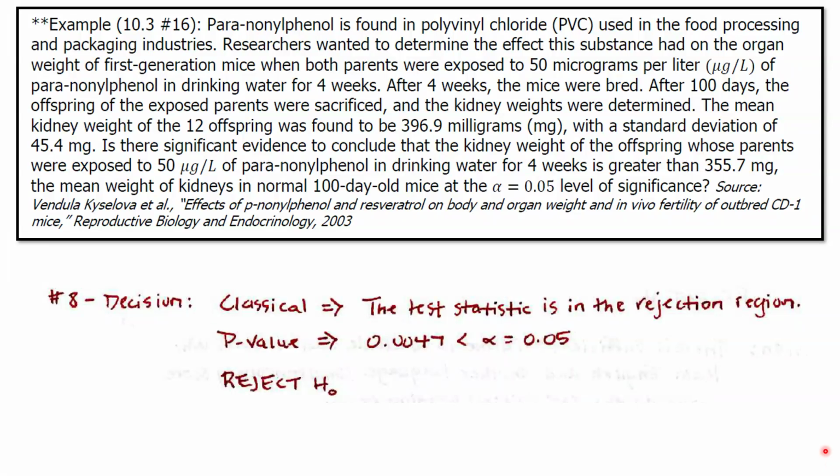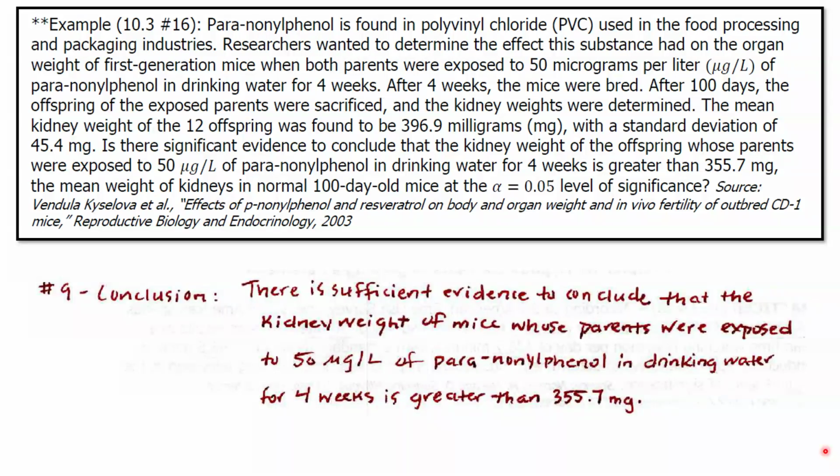So our conclusion is that there is sufficient evidence to conclude that the mean kidney weight of mice whose parents were exposed to 50 micrograms per liter of this para-nonphenol in drinking water for 4 weeks is greater than 355.7 milligrams.